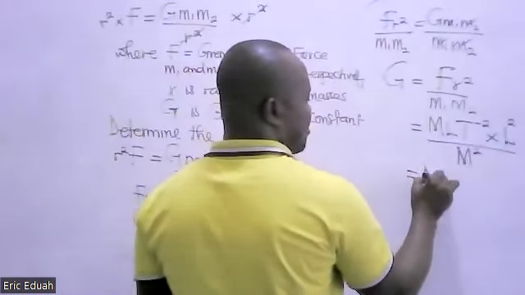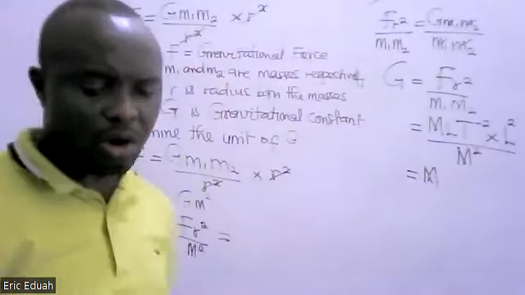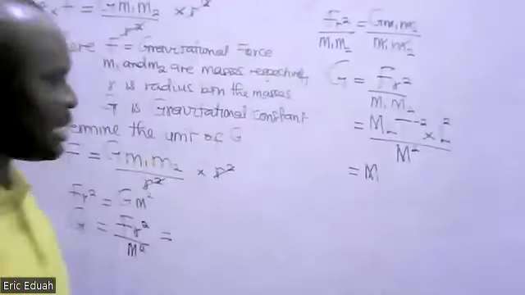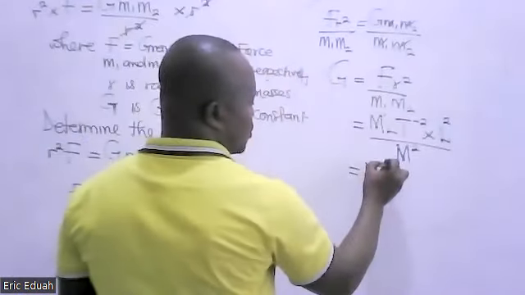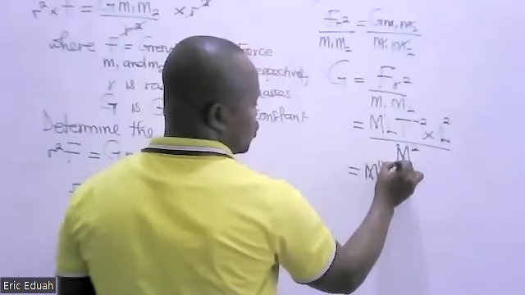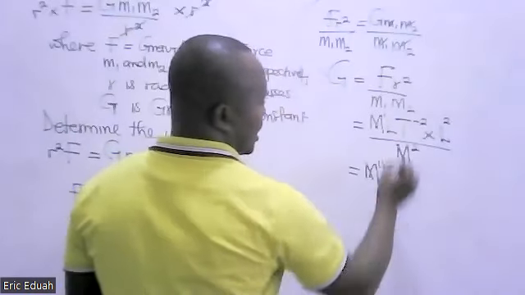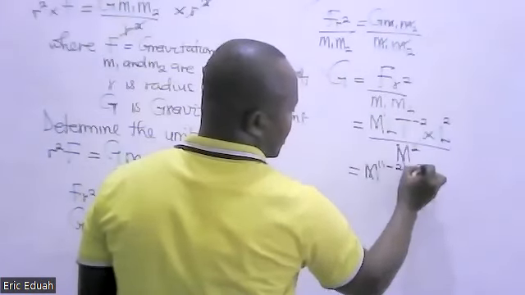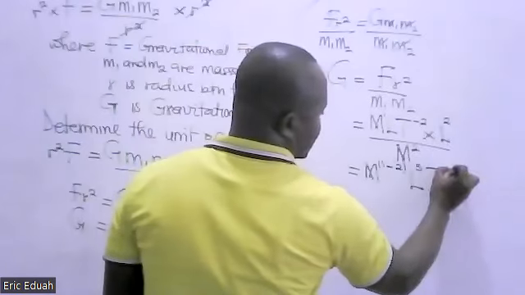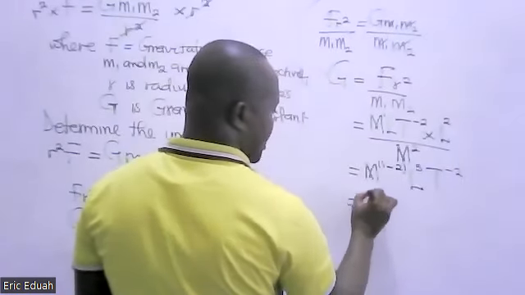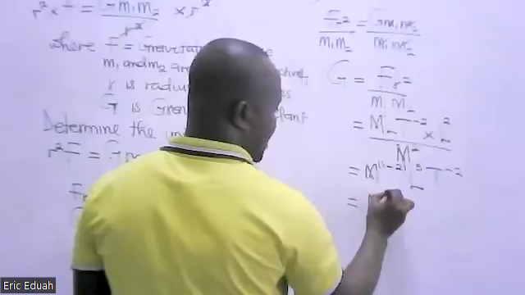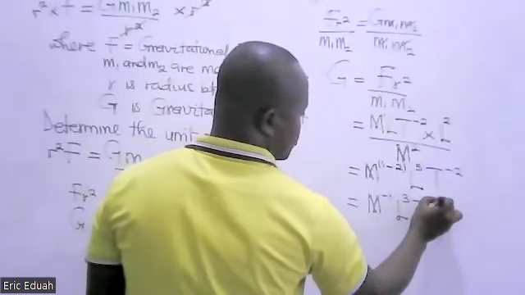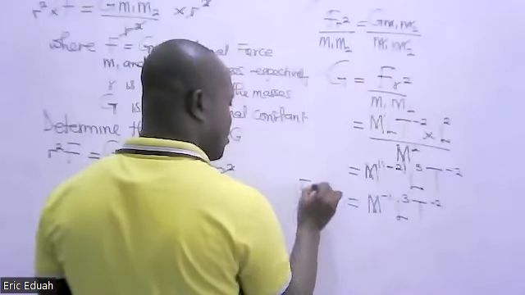So I have M grouping, and you apply your indices here: 1 minus 2, so M to the power negative 1. L to the power 1 plus 2 is 3. T to the power negative 2. So M to the power negative 1, L to the power 3, T to the power negative 2. This is actually the dimension of G.